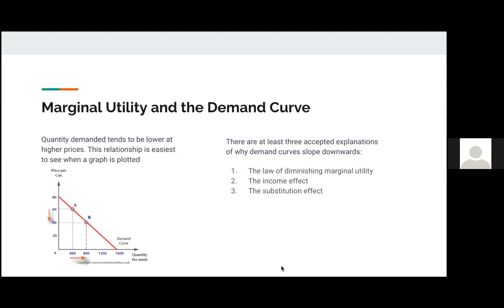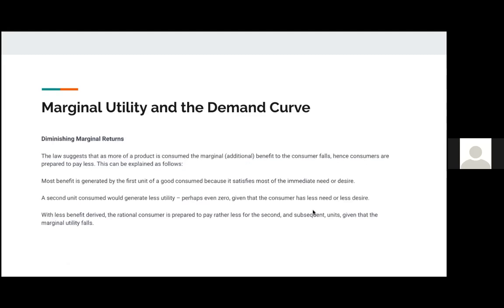So there are at least 3 accepted explanations of why the demand curve slopes downwards. Two of them I've mentioned earlier, the income effect and the substitution effect. And the last one is the law of diminishing marginal utility. The law suggests that as more of a product is consumed, the marginal or the additional benefit to the consumer falls.